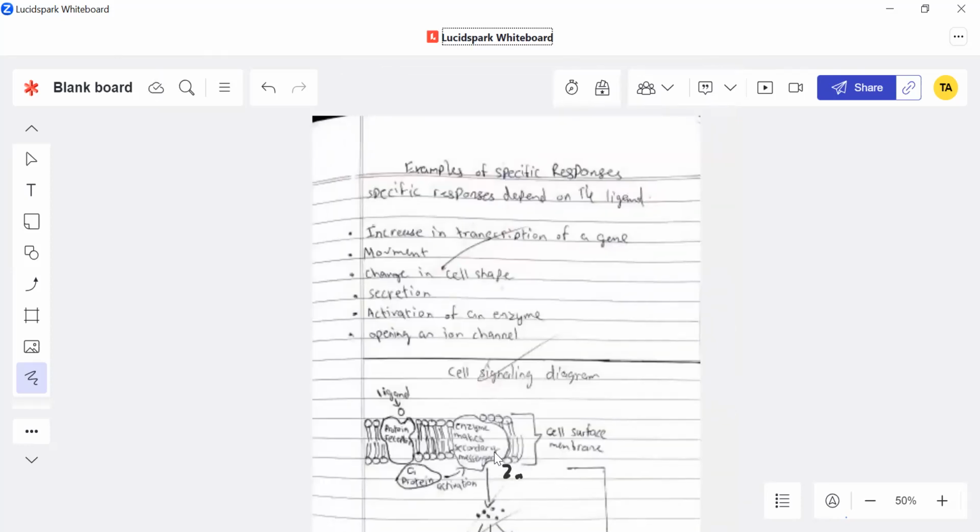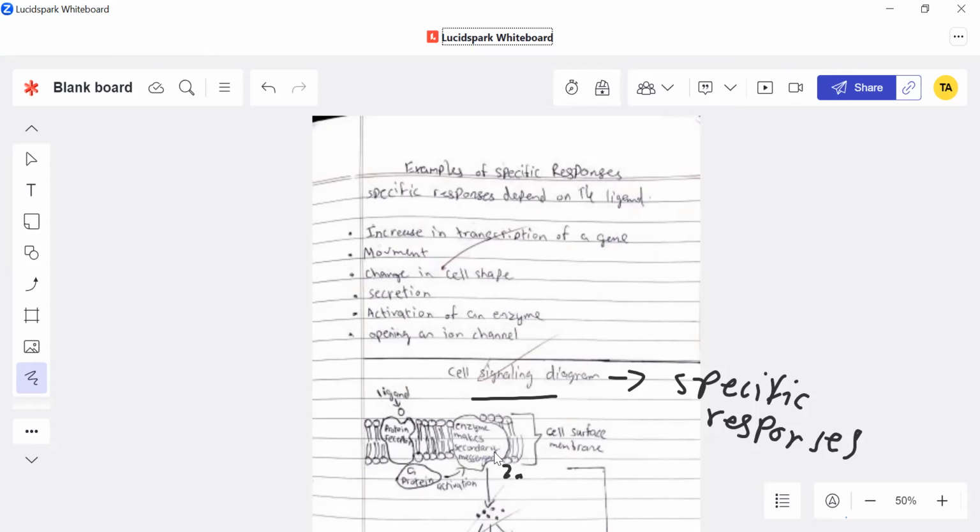And what is the role of cell signaling? There are multiple roles, and cell signaling gives you specific responses. What are examples of specific responses?